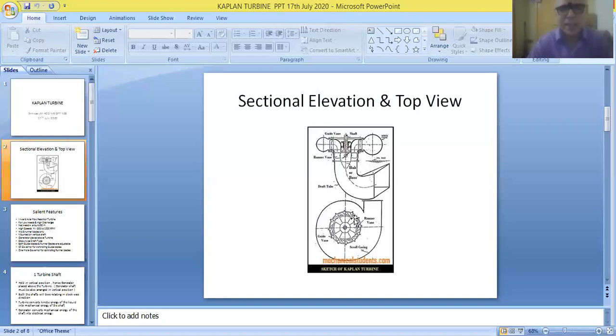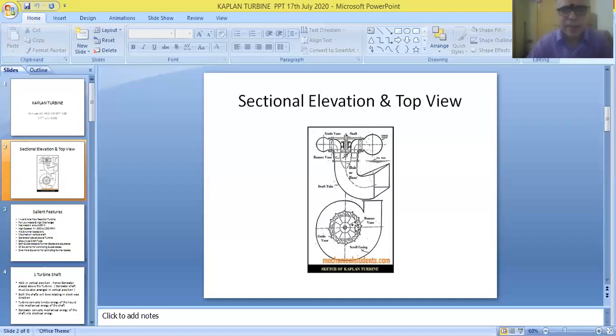Again, the area is decreasing in the direction of flow of water. So again, pressure energy will be getting converted into kinetic energy of the liquid. Therefore, the guide wheel is also used in the second stage for raising the kinetic energy of the liquid.